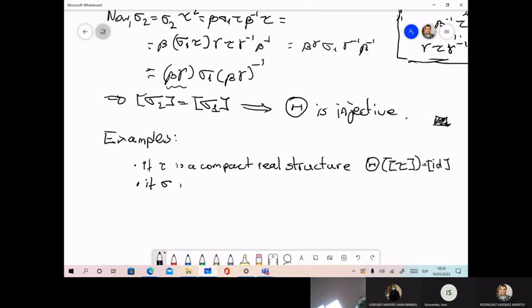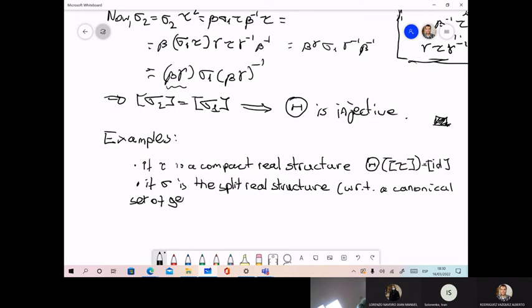For example, if sigma is the split real structure, with respect to a canonical set of generators, then big theta of sigma is the class of the corresponding Weyl involution.